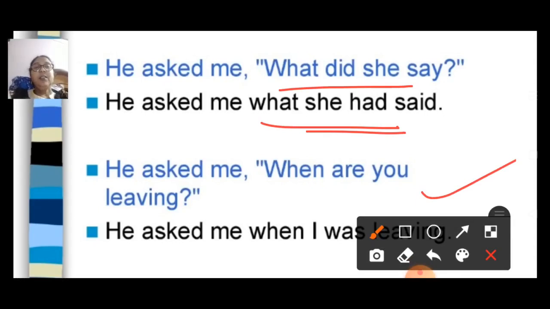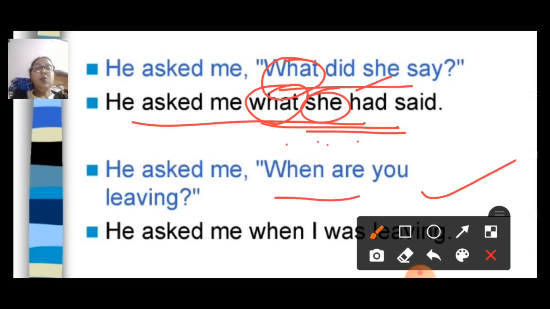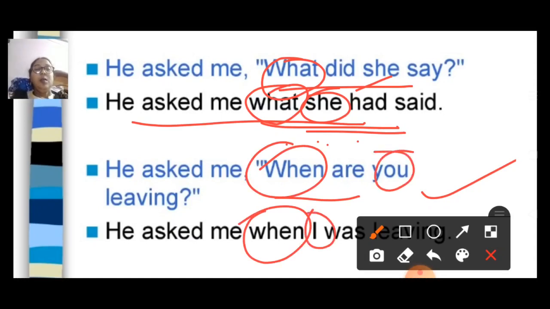Simple present tense and past tense will be changed into past perfect tense according to the rule, but something that is different is the interrogative word. So interrogative words will be written the same over here, and "she" is a pronoun change. Here you can see when is there, then you transform to I was leaving, because this is present continuous tense, so it will change into past continuous tense.